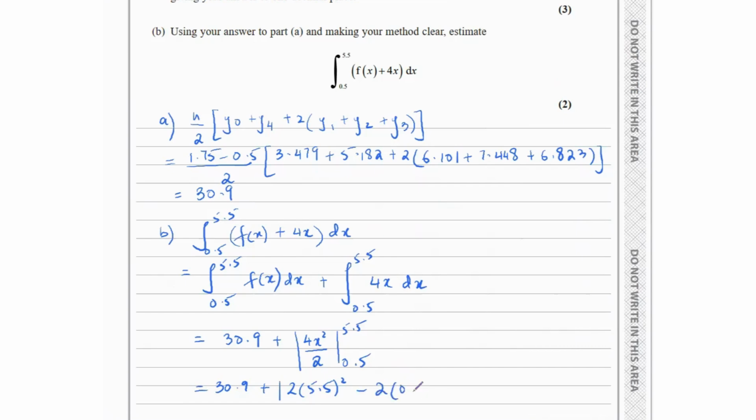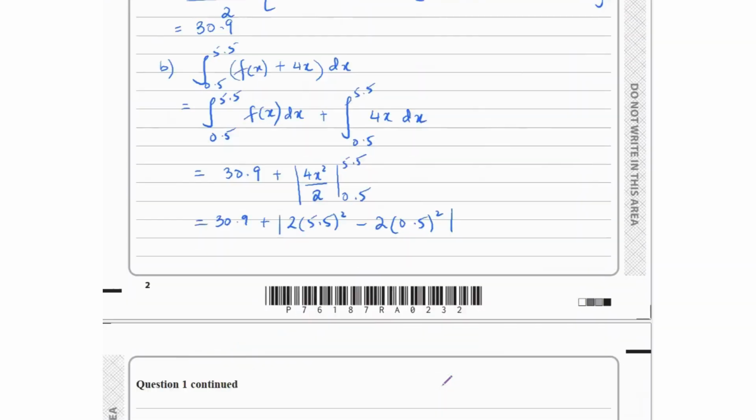Minus 2 times 0.5 squared. That gives us a value of 30.9 plus 60, which is 90.9. That is your answer. So very simple. For this, you need to know the trapezium rule: H over 2 times y0 plus yn plus 2 times all of the middle values for y.